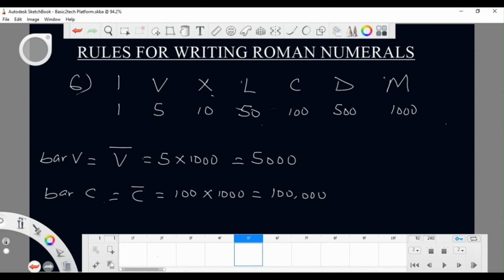Again, for example, bar L is 50 times 1,000. That gives us what? 50,000. So this is how we write Roman numerals. If you know these rules, you will be a genius in Roman numerals.